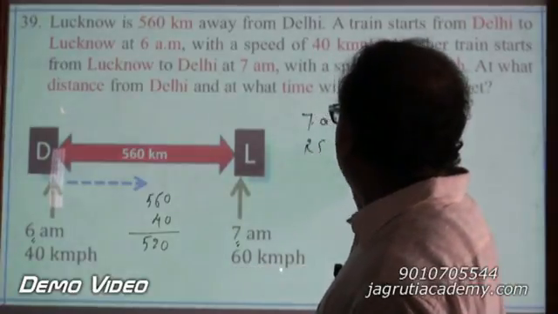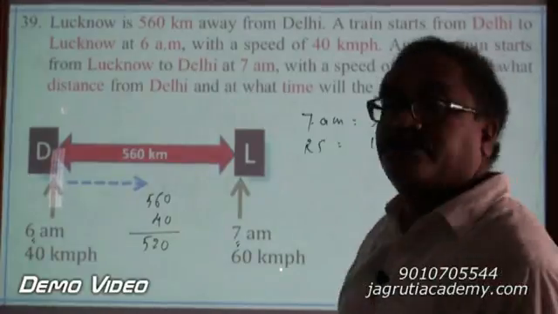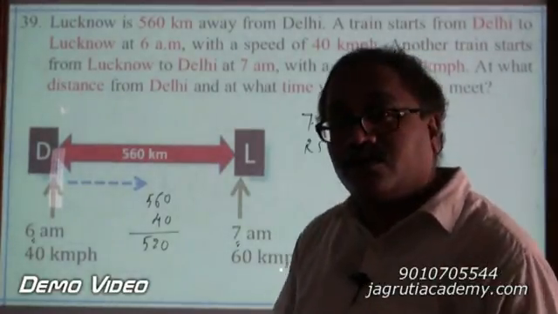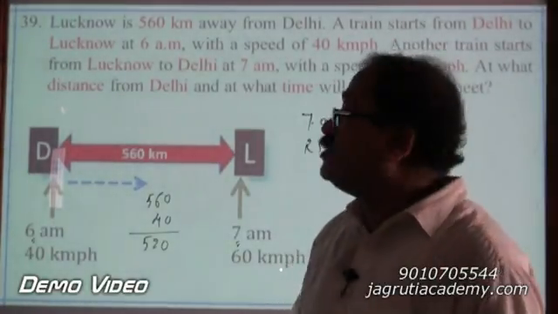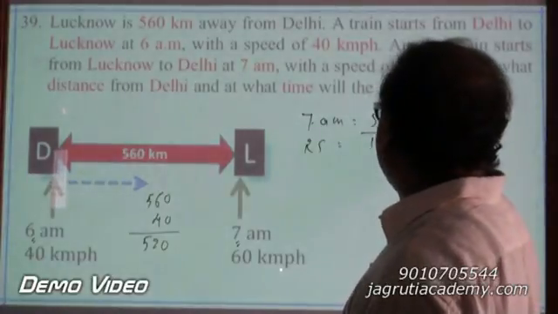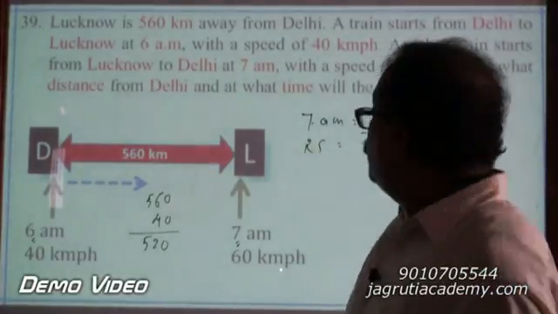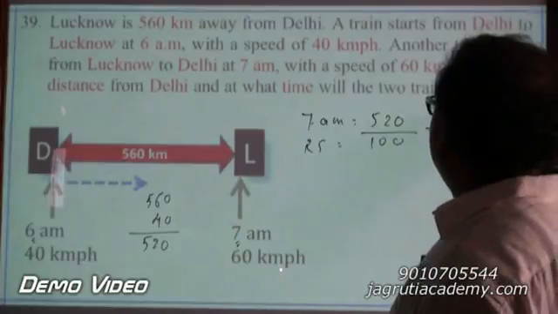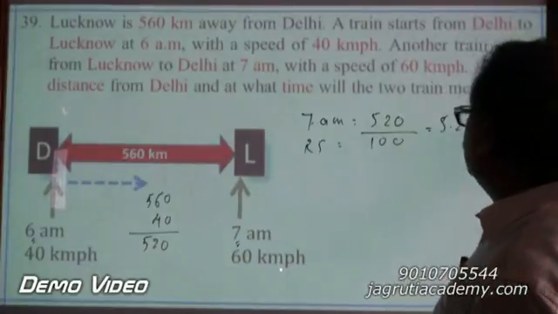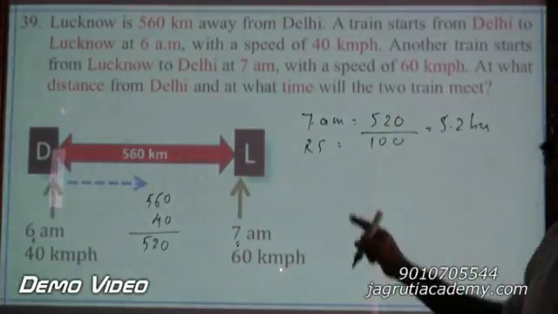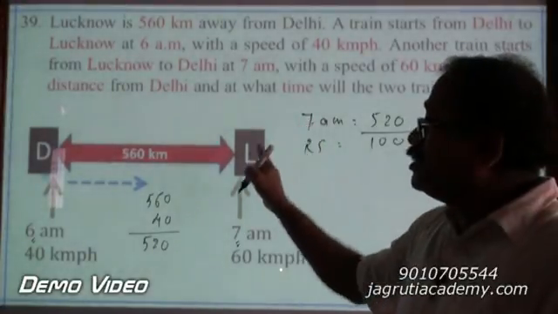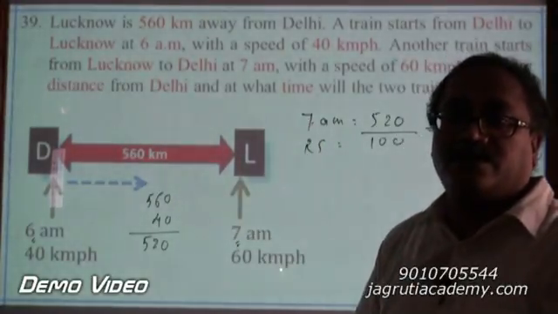So how much time will it take to meet? Obviously distance by relative speed, that comes to 5.2 hours. After 5.2 hours from 7 a.m. these two trains will meet.